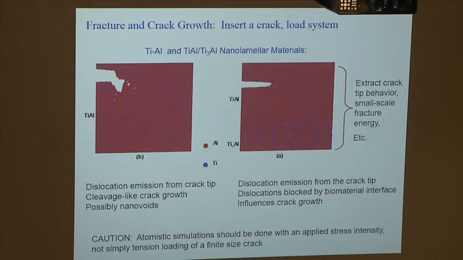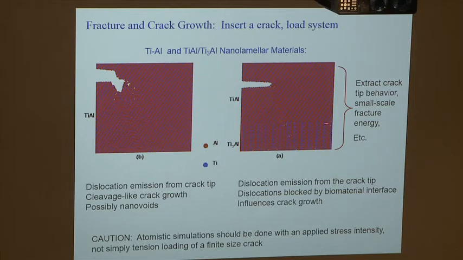Here's another example, I'll skip that. You can then also do things like fracture, so you can put a crack in the material, load it up, and what's happened here is some dislocations have been emitted, and they've come down to this boundary. These are 2 different phases, Ti3Al and TiAl, and so you can start to measure, there's one defect here, it's a crack, it's nucleating another defect, a dislocation.